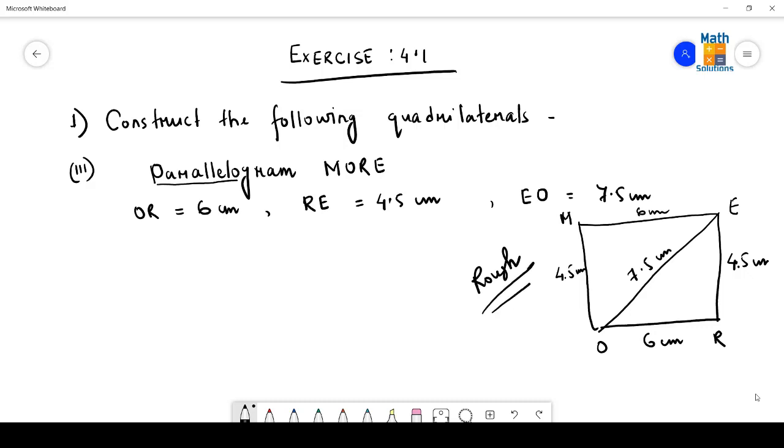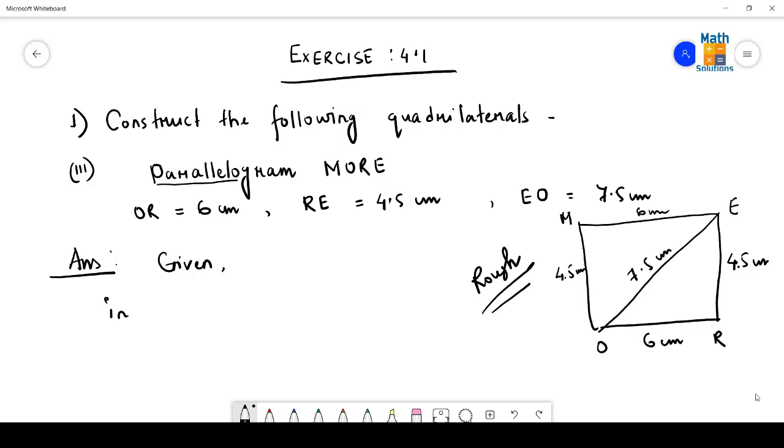Next we have to draw the main construction, which is the required construction for this question. So I'm going to write here, answer. Given. Let us check what are the things given here.